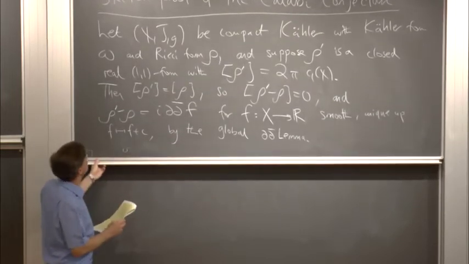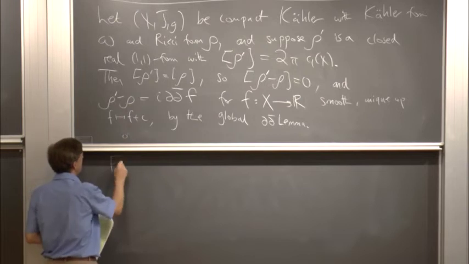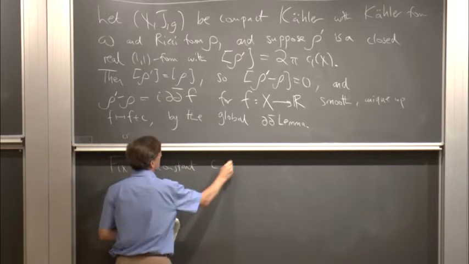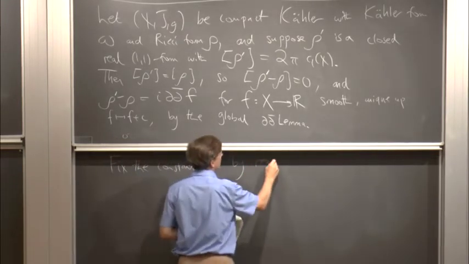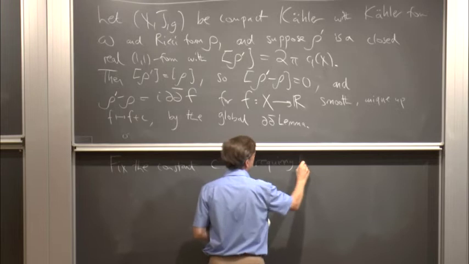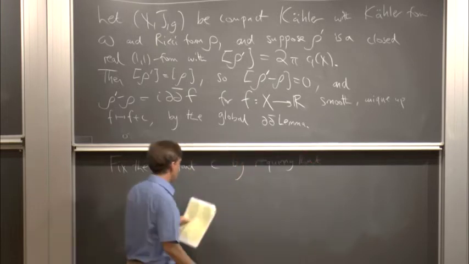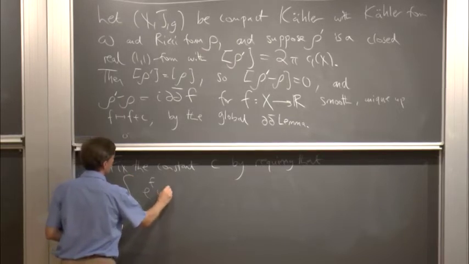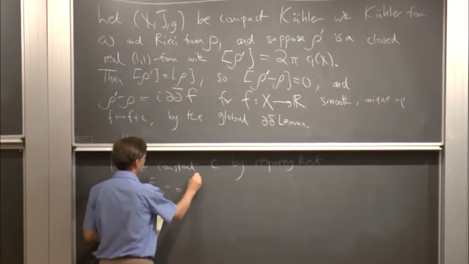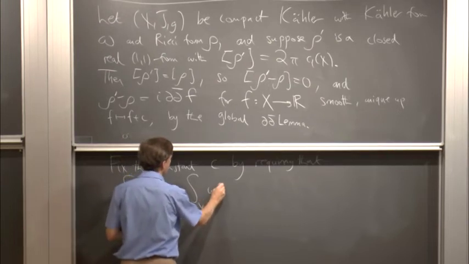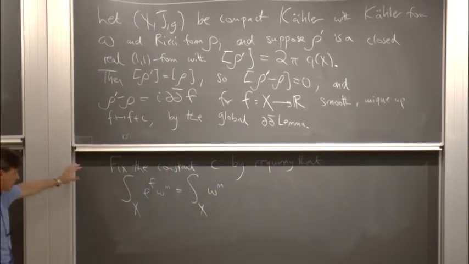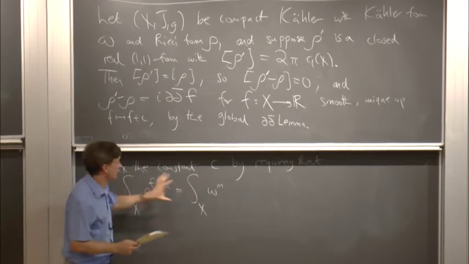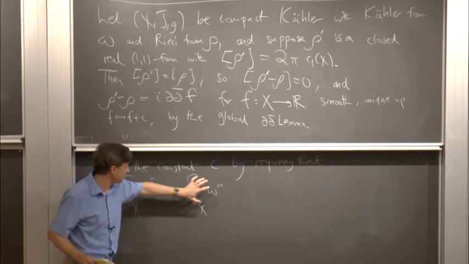Now let's fix the constant C by requiring that the integral over X of e to the f times omega to the m is equal to the integral over X of omega to the m. So you'll see why I want this equation in a minute. This is m factorial times the volume of X, so that's a positive number.